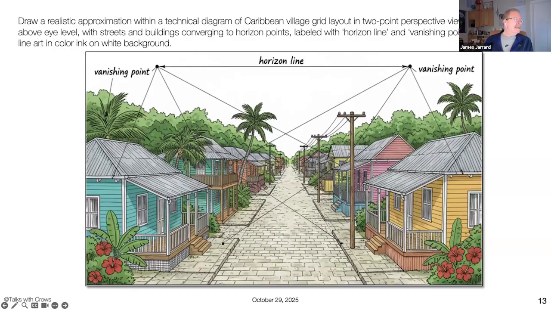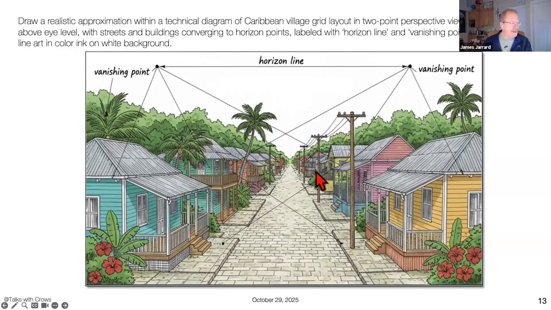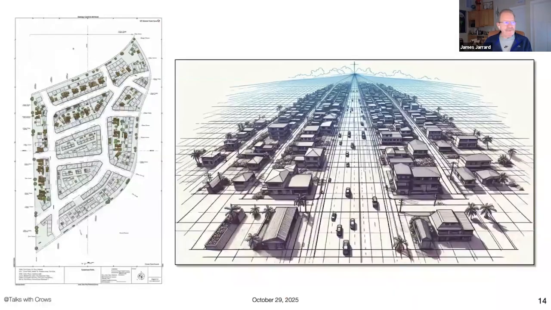Style: clean line art in color ink on white background. I modified the original prompt and put in color ink, white background. So this was the better of them. I think this came from Gemini from Google, but here are the other ones that it drew.